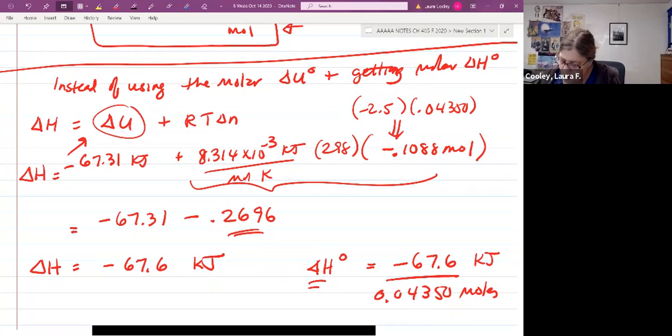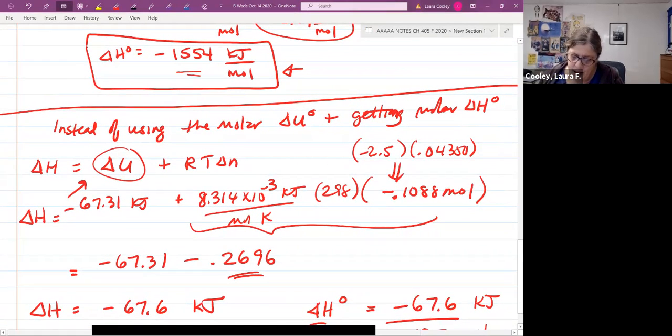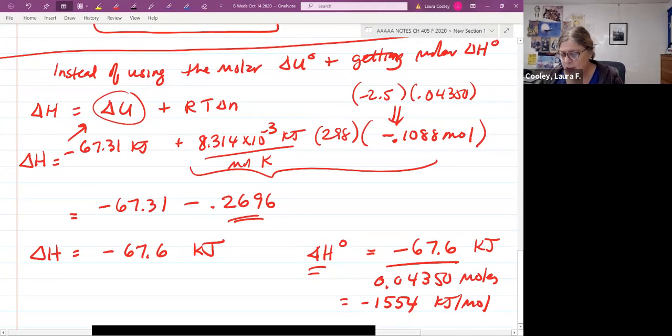And guess what? We get negative 1554 kilojoules per mole, which hopefully is exactly the same as what we got before. But you see how you had to change the number of moles there. So that's a little subtlety of this type of problem.